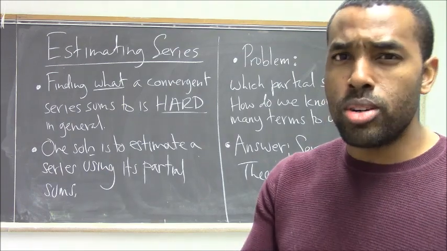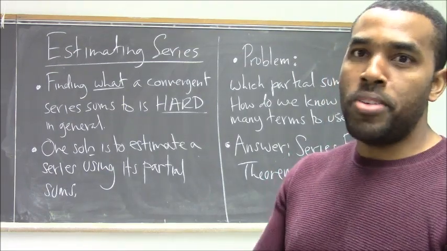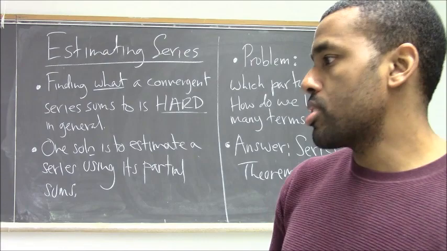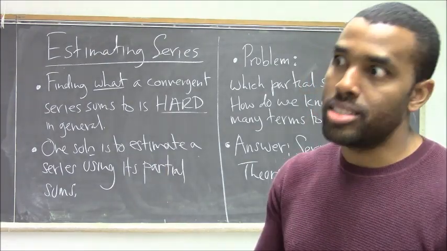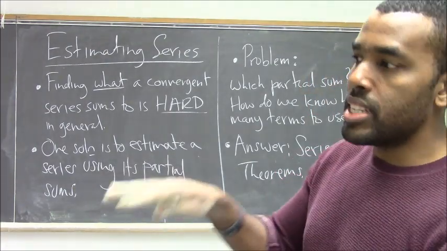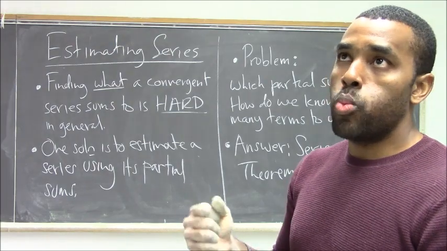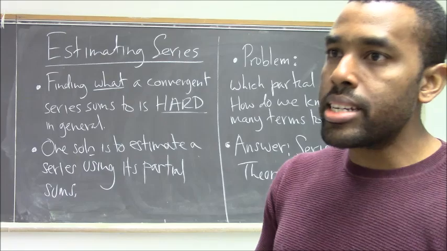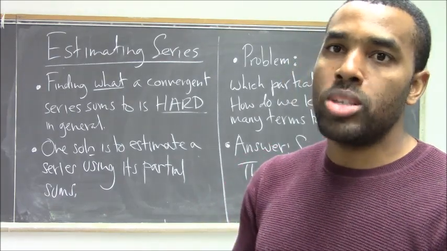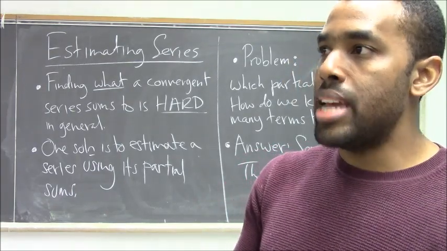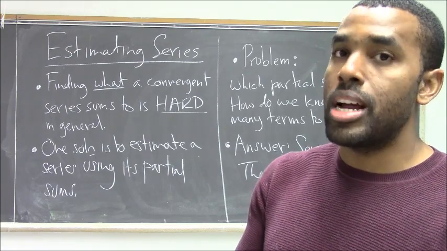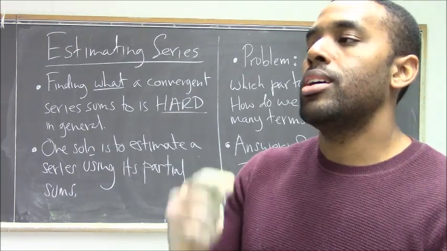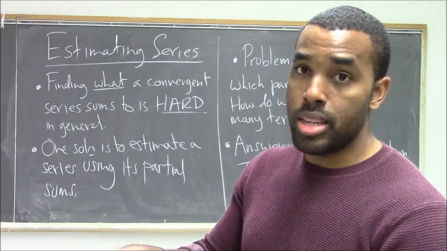Or if we use an integral test, there's a theorem that tells us how to find how close you're to the answer using an integral test. Or if you have a comparison test, there's a theorem that tells, right? So each of the tests I gave you before, they also have a theorem connected to them that talks about if you have to estimate the answer to this series that you just figured out converges using this test, here's a theorem that you can use to help you in that.